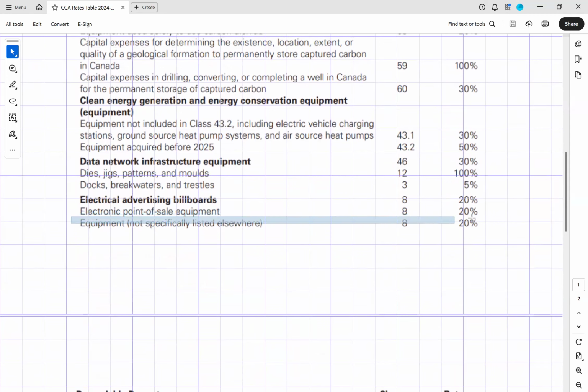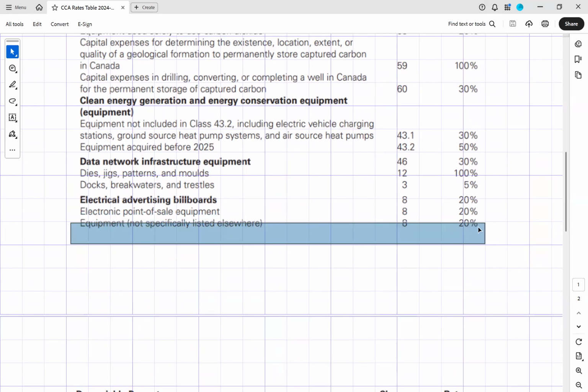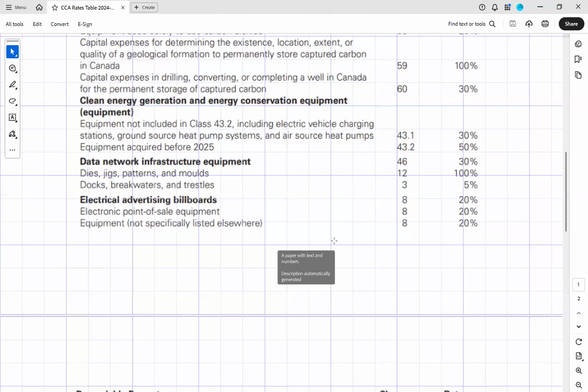Equipment not specifically listed anywhere else is going to be at 20%, class 8. So the very last one here, equipment not specifically listed anywhere else. So if you have any sort of equipment that is not specified, then the safe bet is to put it in class 8 at a CCA rate of 20%. So that's where we're going to put the piano and bench.